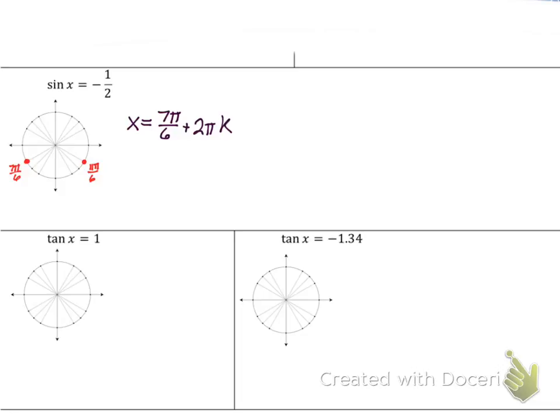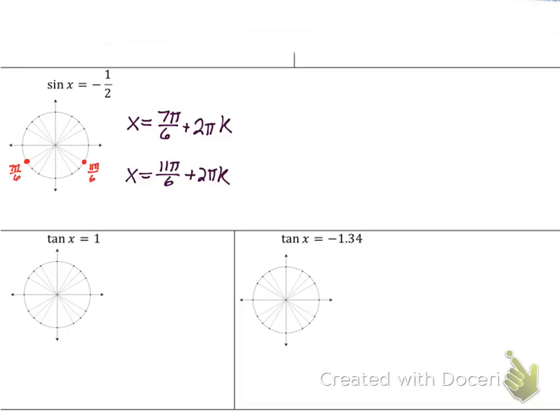Because I can't add pi to it, I'm just going to keep going around and catching it every single time I go around. Likewise, x could also be 11 pi over 6 plus 2 pi k. I'm going to start here and keep going around. I can't use that half angle thing. It's kind of a trick. I add pi, it doesn't work here, so we have to keep adding 2 pi.